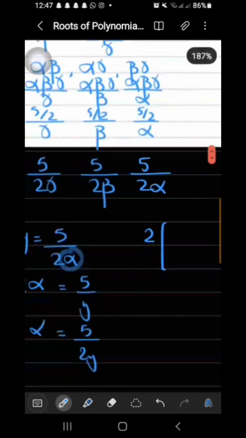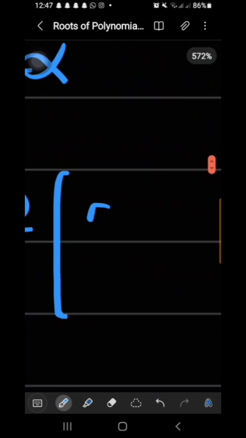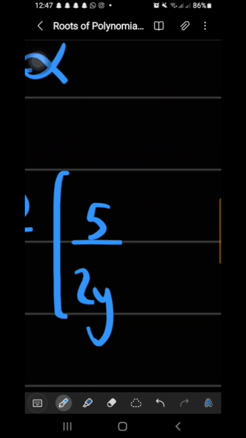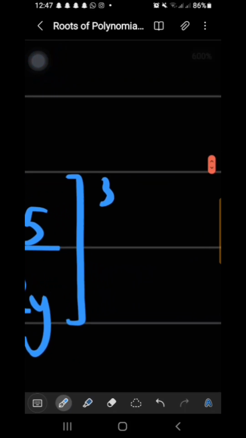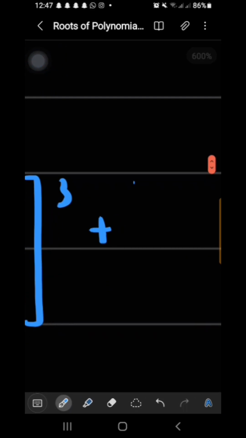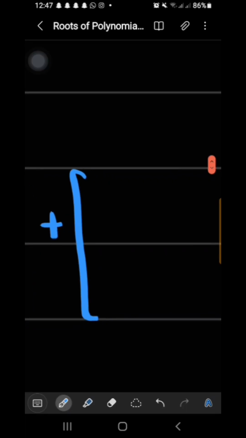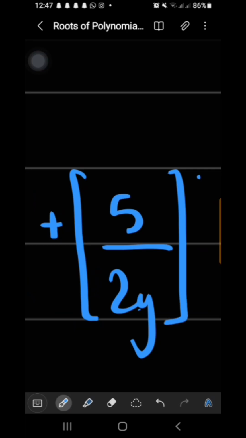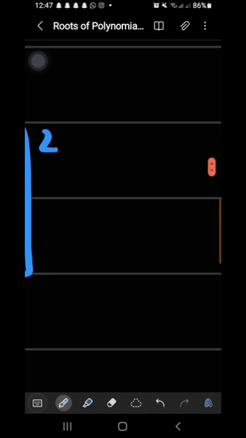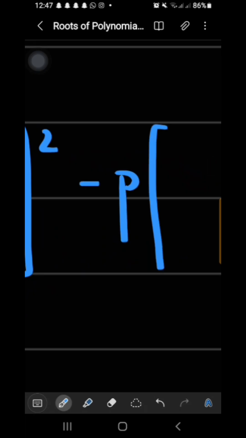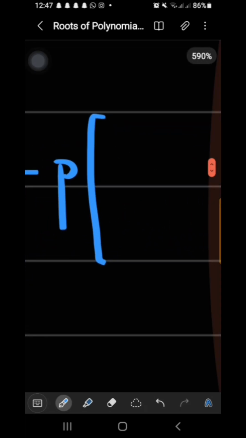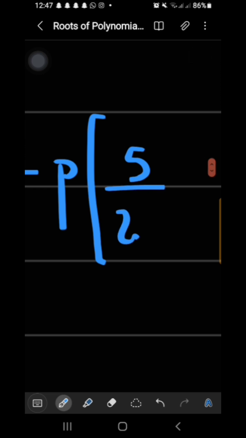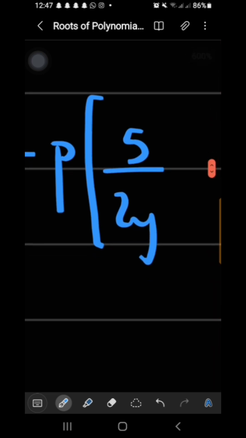We will write 5 divided by 2y cube plus x square, and then minus px, 5 divided by 2y, and in the end negative 5 is equal to 0.